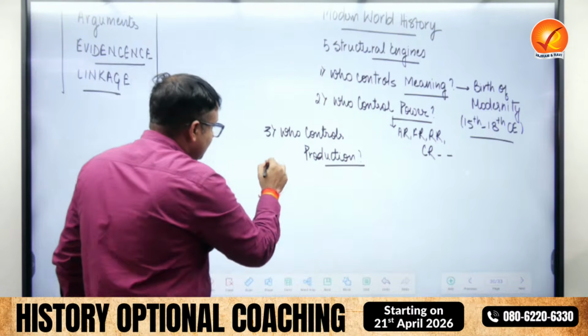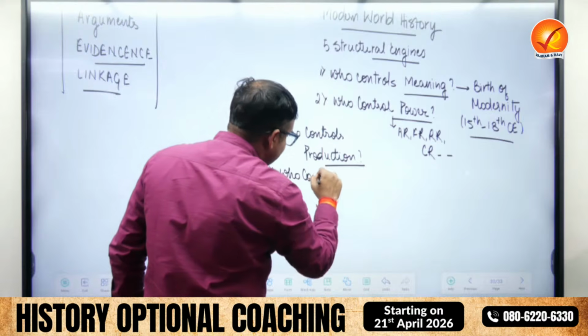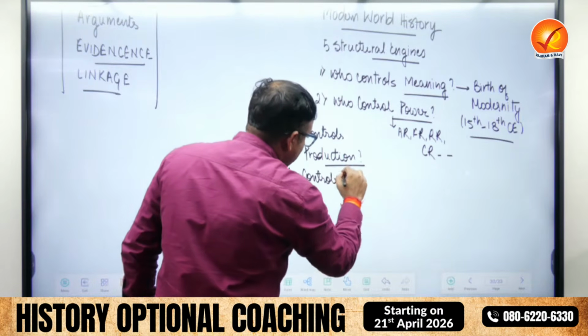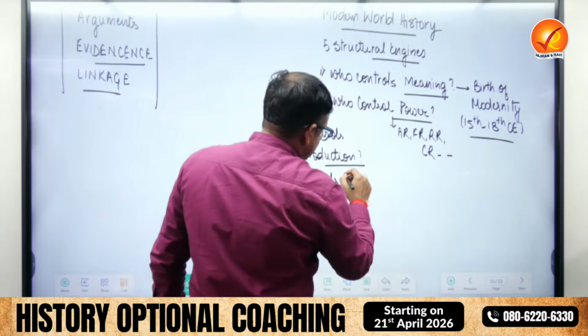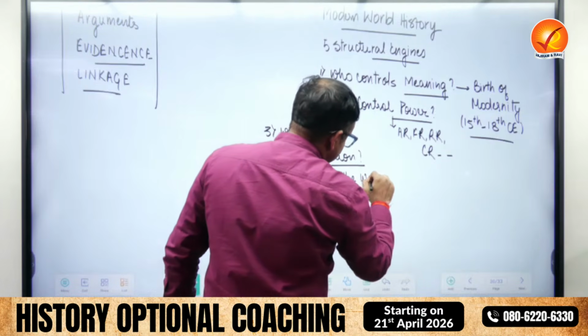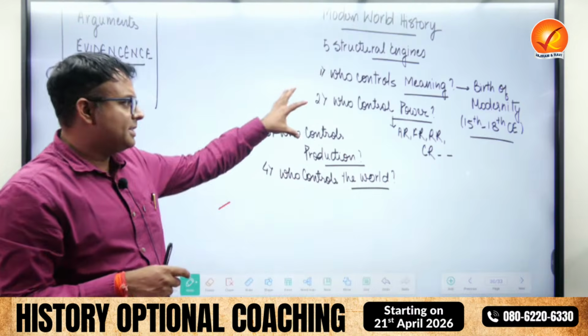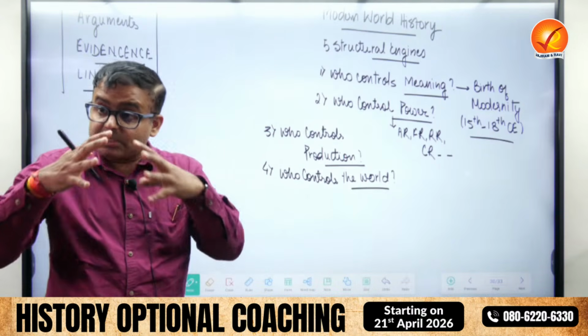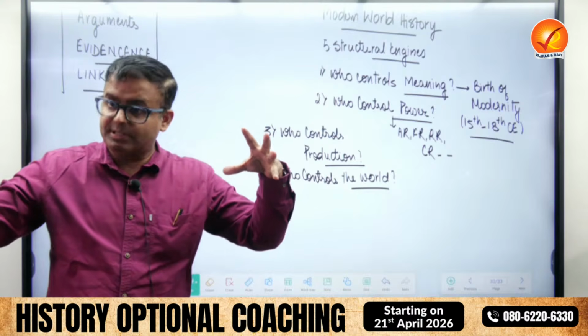Fourth chapter or fourth section is who controls power. Sorry, who controls the world? So it was not just about developments happening. We see expansion of Europe. We see how Europe dominated the world, Eurocentrism.